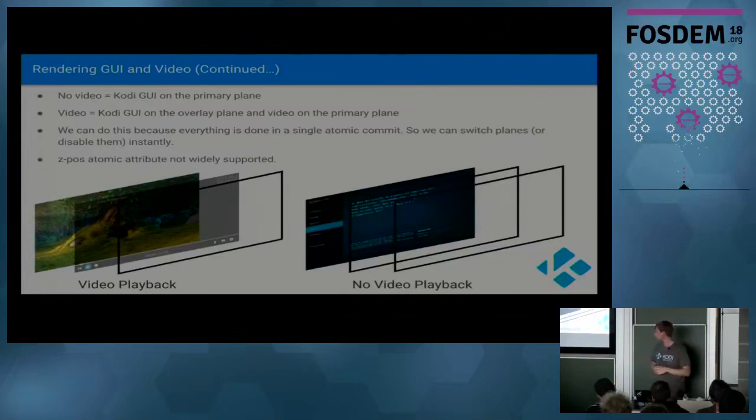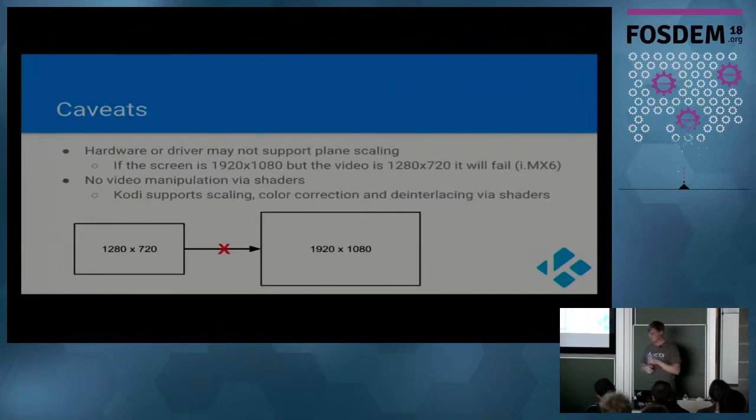So there are some other issues with doing this, of course, that I've run into using all the various hardware that I have. On the IMX6 device in particular, the hardware has a hardware scaler, but it's not plumbed into the DRM pipeline.